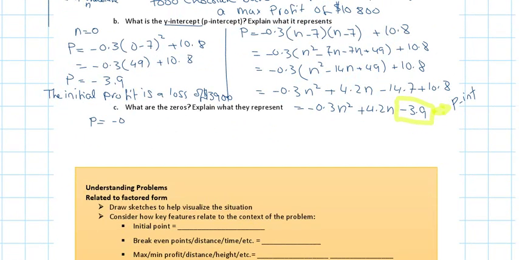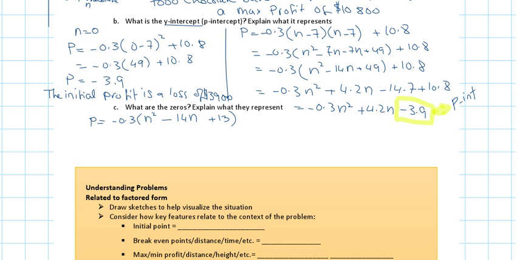If I divide each term by negative 0.3, what am I going to get? Negative 14n. Yes? Yeah. And then plus 13. Okay, so I did my common factoring first.